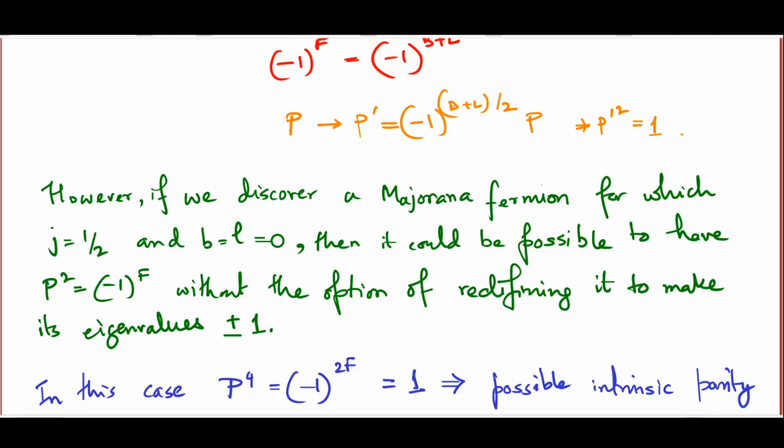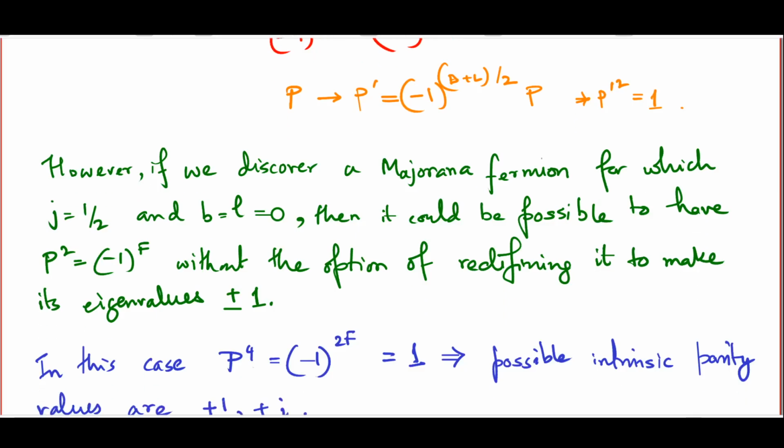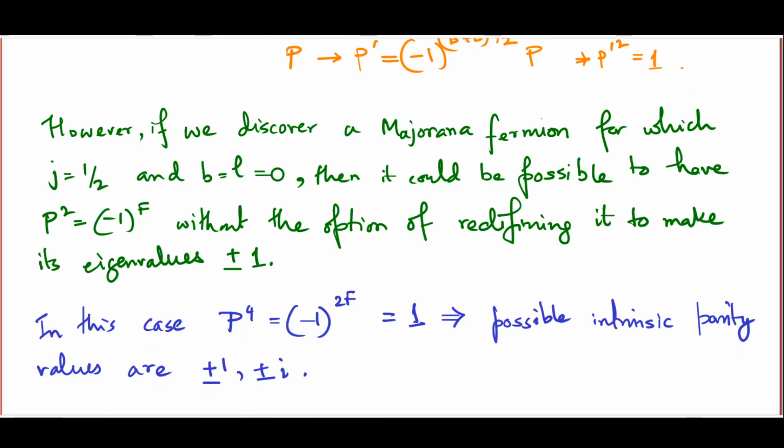Let me point out though, that even if you had Majorana fermions, P² equals (-1)^F would still imply P⁴ is (-1)^(2F), minus 1 raised to twice the number of fermions, and therefore you would end up with plus 1. And hence, in this case, the possible intrinsic parity values can only be plus or minus 1 or plus or minus i.